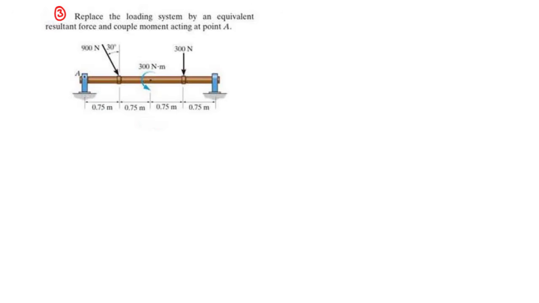Now let's move on as we solve the last example. Now to the last example, we are going to replace the loading system by an equivalent resultant force and a couple moment acting at point A. Now let's consider this to be F1 and then this to be F2. So we have F1 to be 900 newtons and then F2 300 newtons.